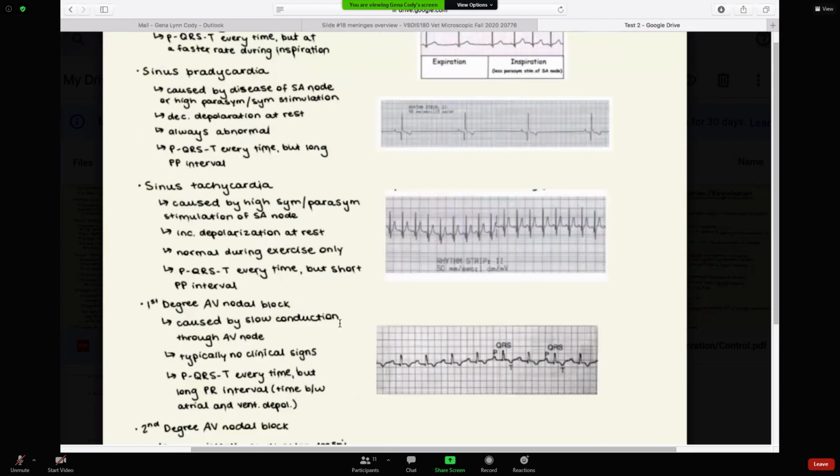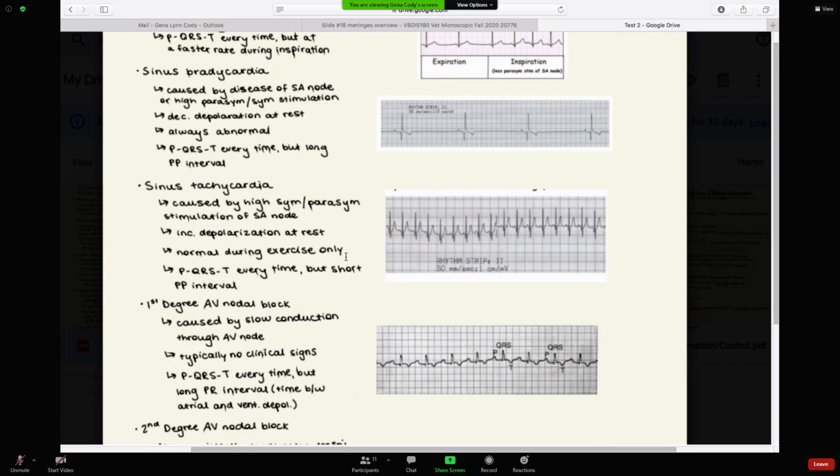Tachycardia, on the other hand, is high sympathetic to parasympathetic. So more is functioning to speed it up than it's functioning to slow it down. It's increased depolarization at rest. So those funny channels are reaching threshold a lot faster. During exercise, totally normal, right?